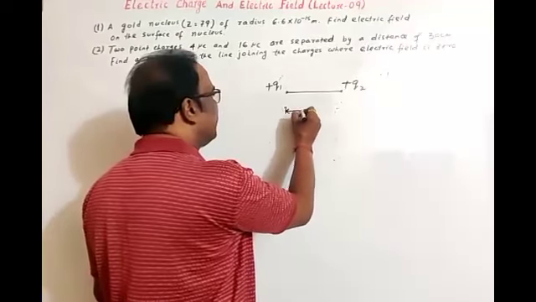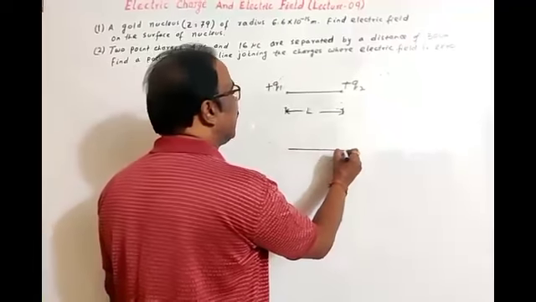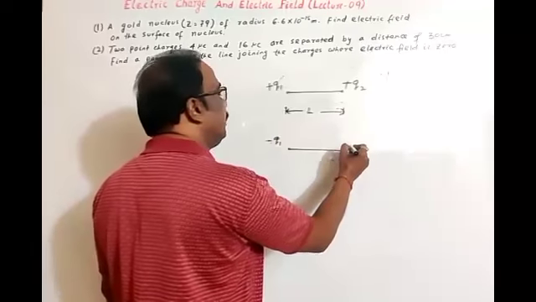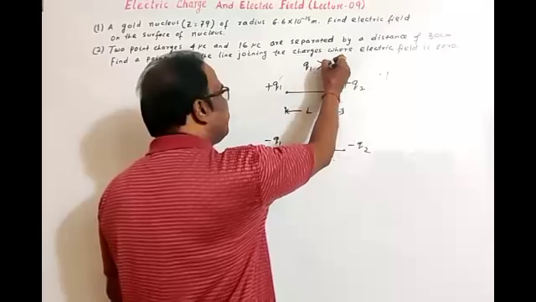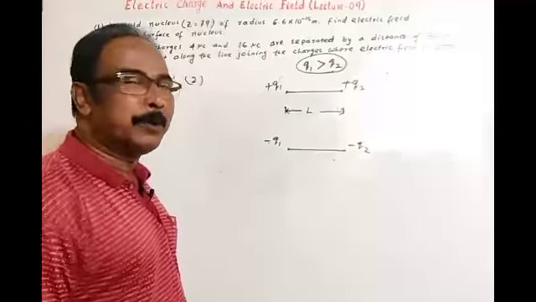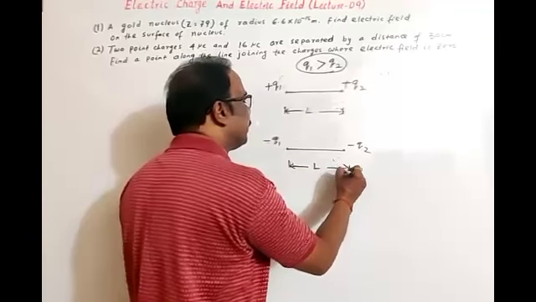Let distance between them be L. Of course, we may consider another identical question. Let this be minus q1, this be minus q2. In both cases, let magnitude of q1 be greater than magnitude of q2, and here also distance between 2 point charges is L.